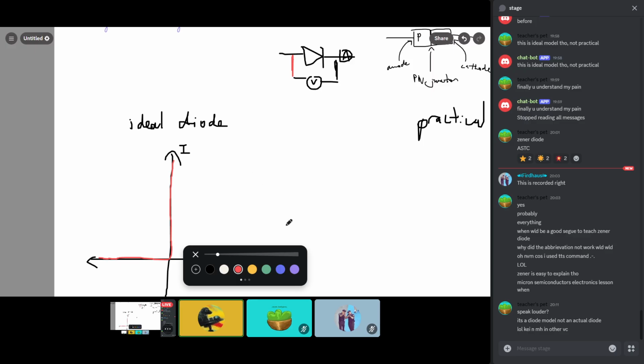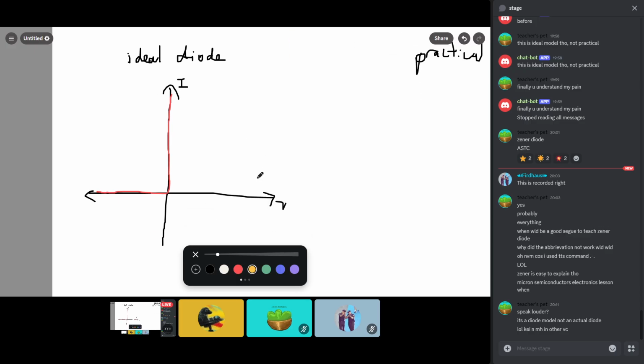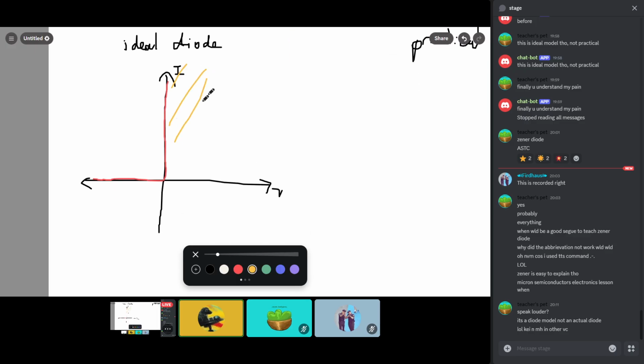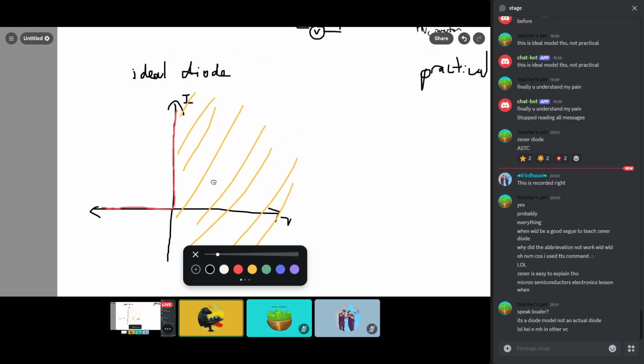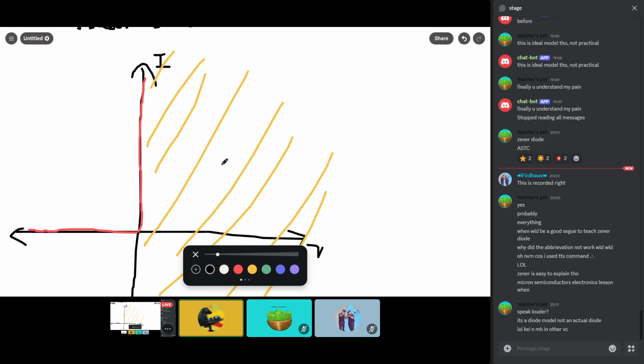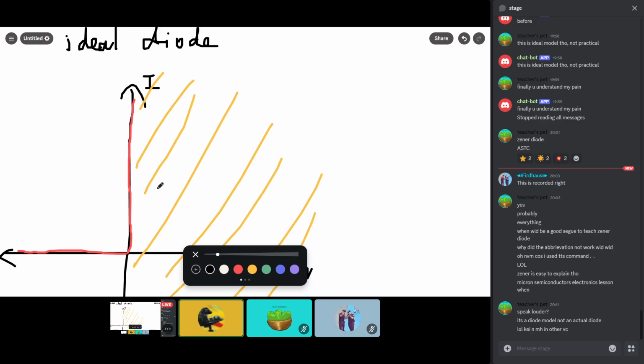We can describe a few more things about this graph. We can name this entire region: we can say that the diode is forward biased. Okay.